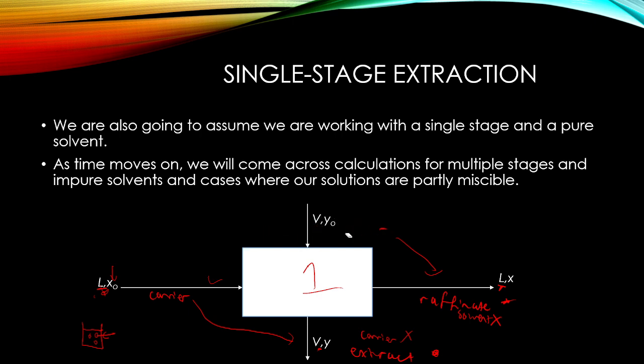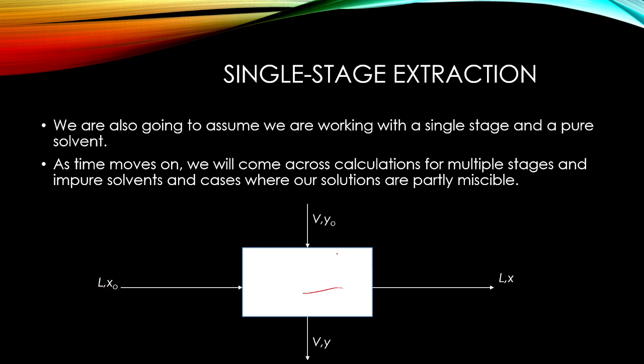Now, you could have a case where our solvent isn't pure. When we say our solvent is pure, it means that there's nothing else coming in with the solvent. Let me use an example to explain that. We might have our solvent to be water. So water might be flowing in, and it's just water. There's nothing else coming in there. So that's a pure solvent. But we might have a case where water is removing CO2, but the water that is coming in contains some amount of CO2 itself.